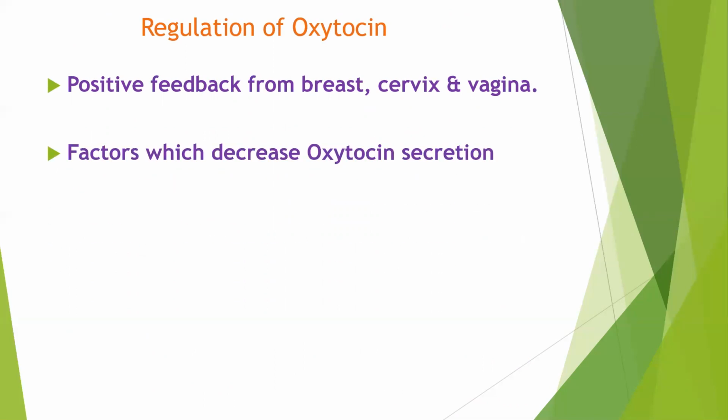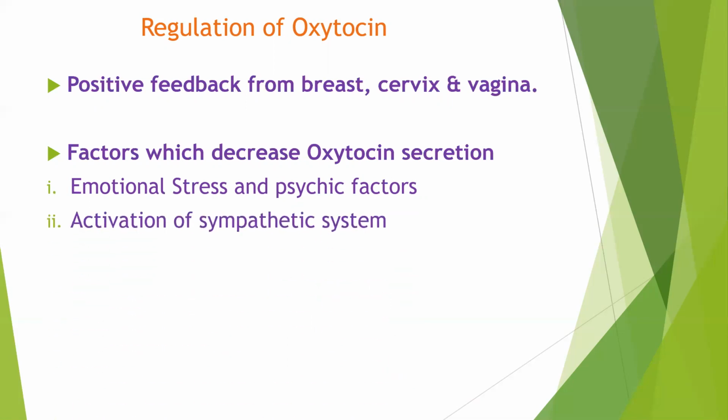The factors which decrease oxytocin secretion are: one, emotional stress and some psychic factors; second, activation of the sympathetic system. These are two important things which can decrease oxytocin secretion.